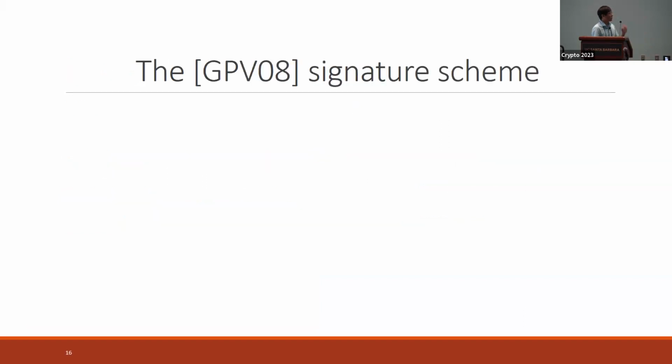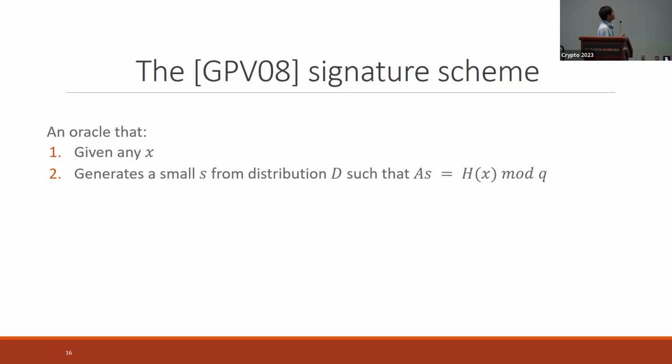So then we're moving to the core, or the crucial observation of this signature scheme, that given the oracle, which is basically a signing oracle, it's given any message X. I will remove the salt for now.